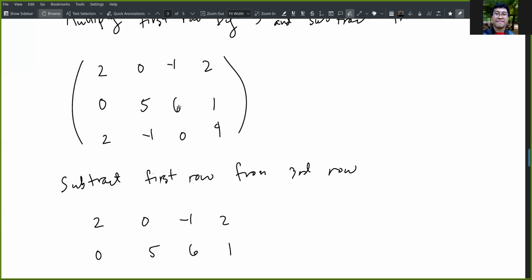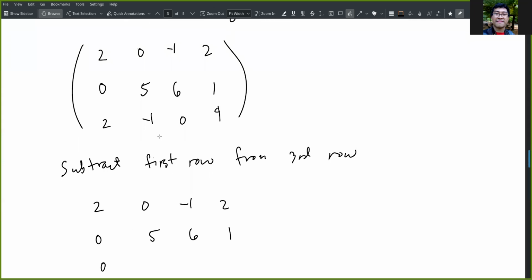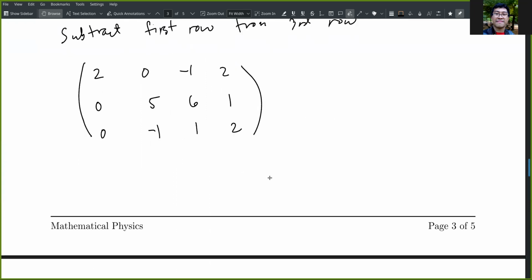Subtract first row from third row, so 2 minus 2, that's 0. Minus 1 minus 0, that's minus 1. 0 minus negative 1, that's 1. And 4 minus 2, that would be 2. Okay, so we keep this in mind.